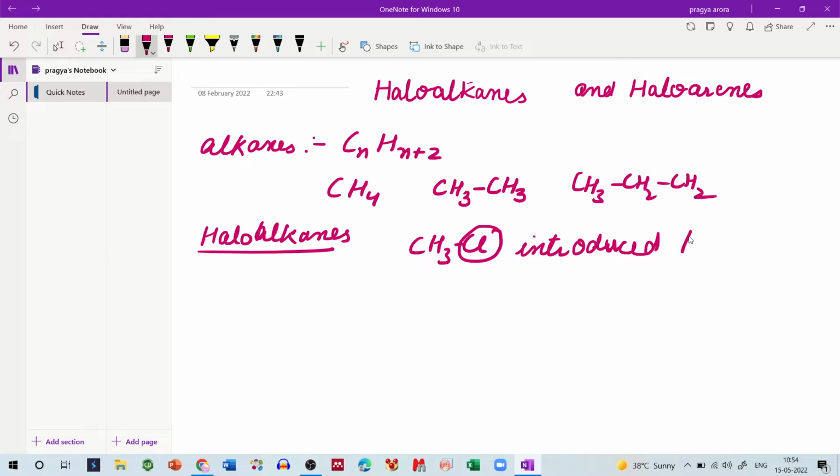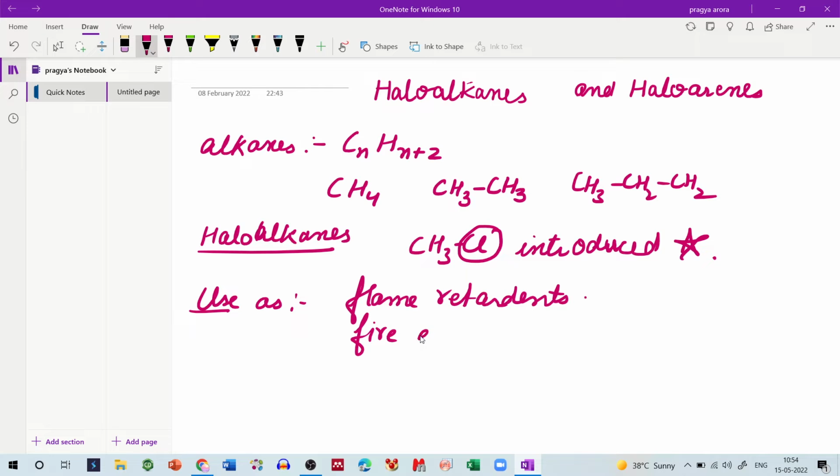in the formula. So these are commonly used as flame retardants, and act as fire extinguishing reagents.